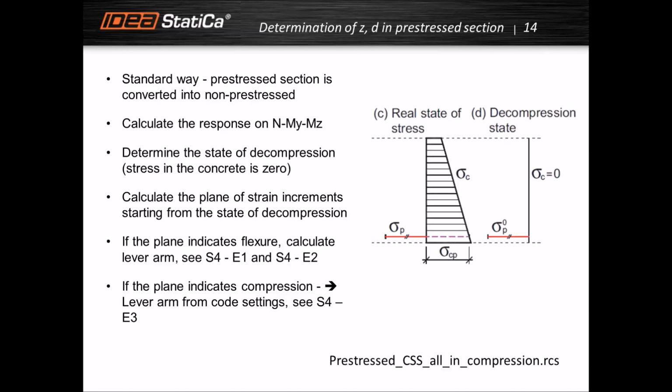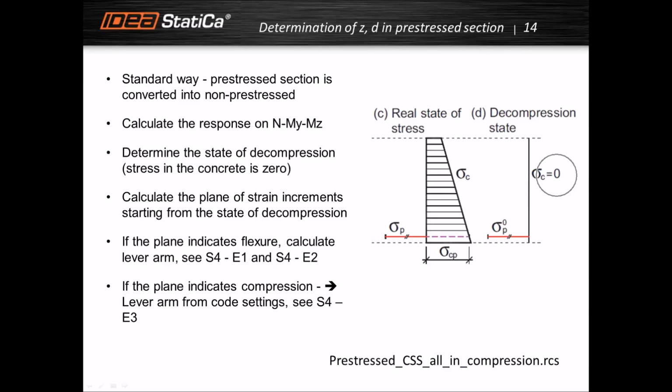Usually in old books we learned that the pre-stressed section should be converted into non-pre-stressed. That's a simple case that we can solve, and we can do it via the decompression state. So we calculate the response on those three internal forces N, My, Mz, and we determine the state of decompression.